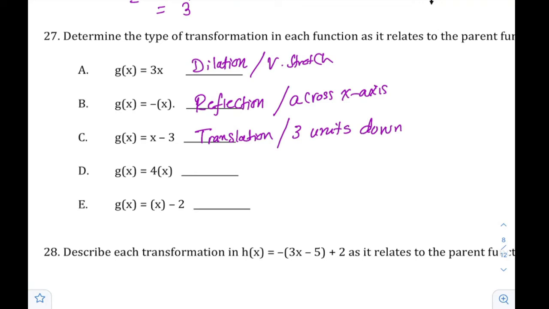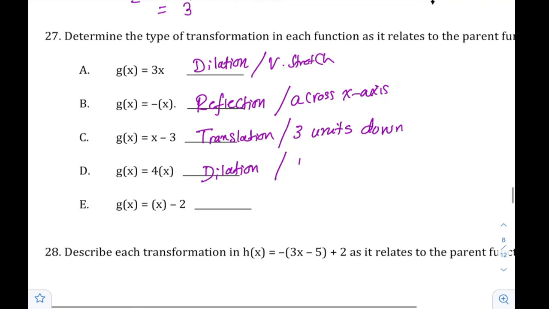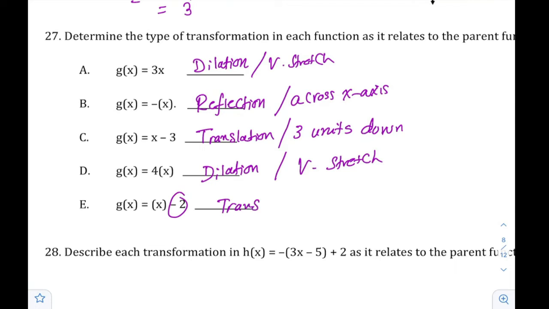Here there is multiplication, so it is dilation, and the multiplication is outside the group as well, multiplied by 4, so it is vertical stretch. Here we have -2 outside, so it is vertical translation, and it is 2 units down as well.